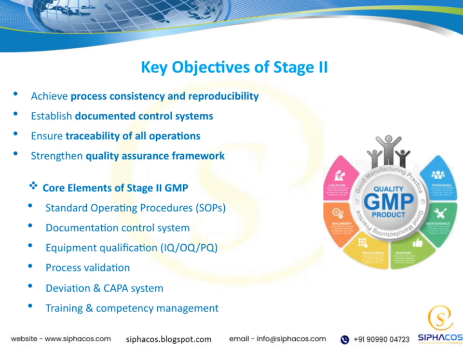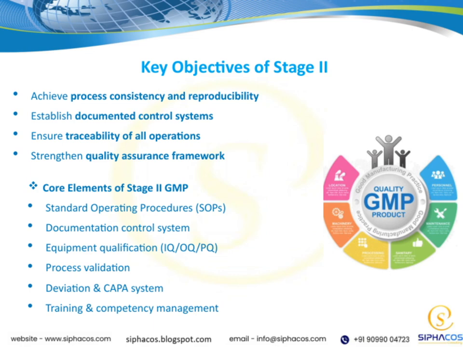Process validation then confirms that our manufacturing processes produce consistent, high-quality results. The deviation and CAPA system is vital for identifying issues, investigating root causes, and implementing corrective and preventive actions to prevent recurrence. Finally, training and competency management ensure our team is skilled and knowledgeable, which underpins all these quality efforts.